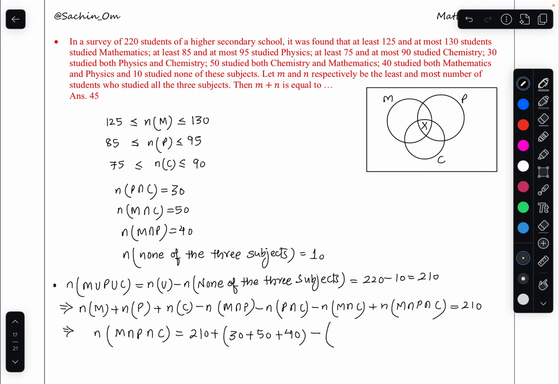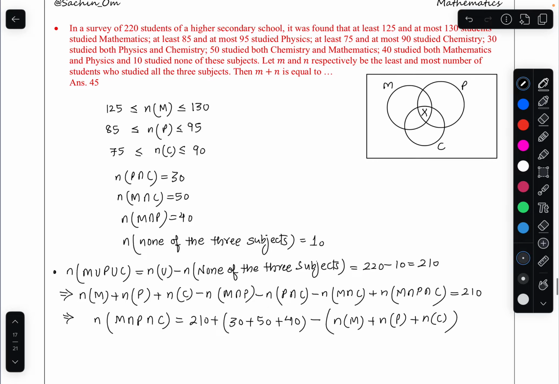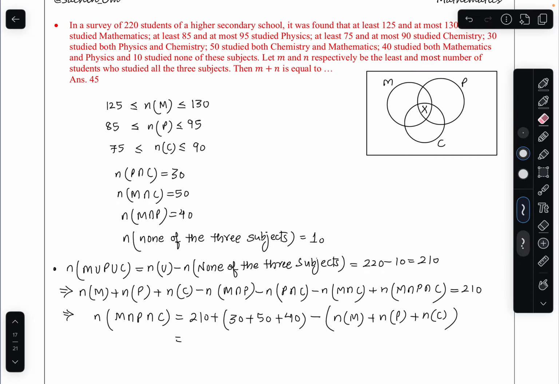And the other three are nM plus nP plus nC. This is going to be the same as 210 plus 120, that would be 330, minus the number of elements in nM plus nP plus nC.